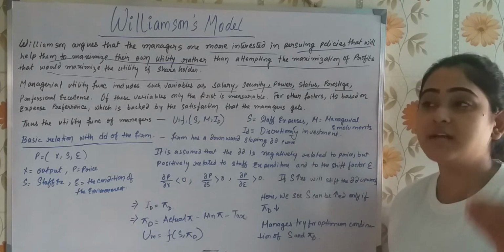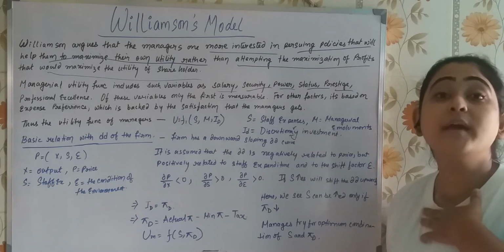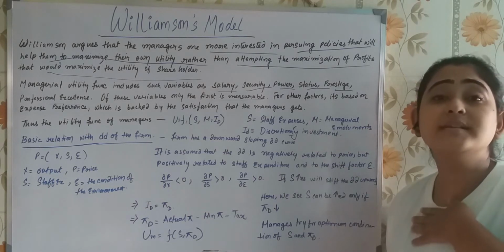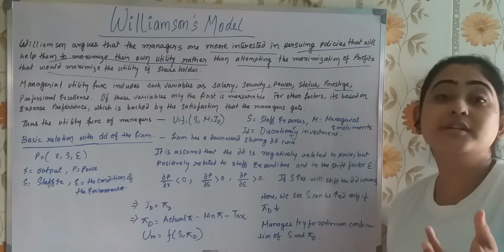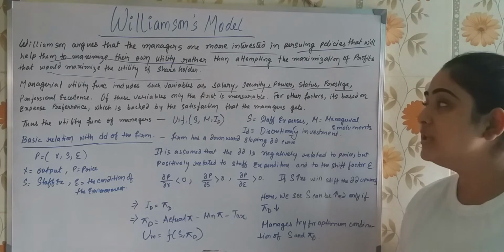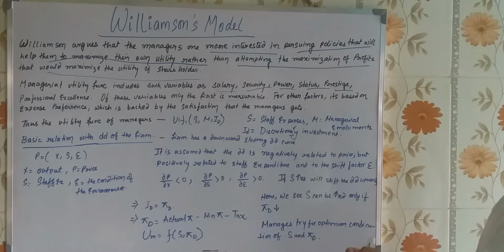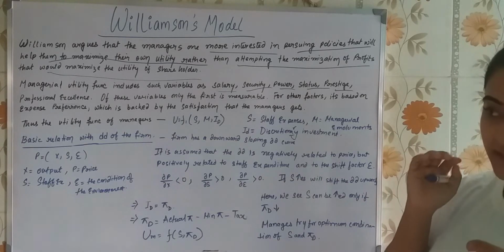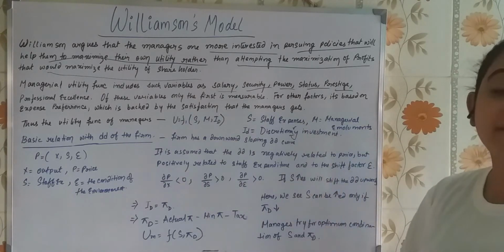Salary we know, whether 50,000 or 60,000, whatever I am getting. But what about my power? How much am I possessing? What about my security? How much job security do I have? For this to be measurable, it is based on the expenses that they are bearing, right?